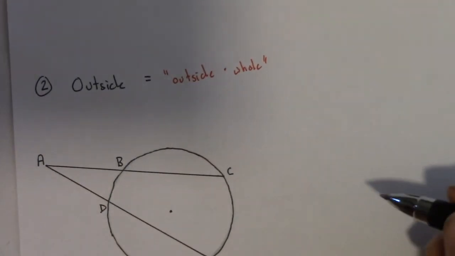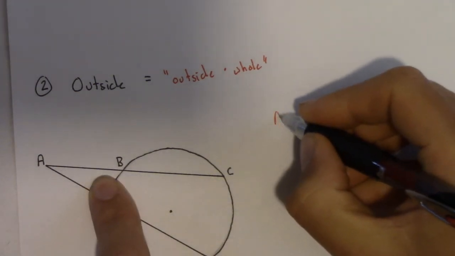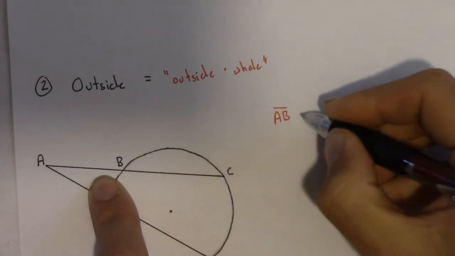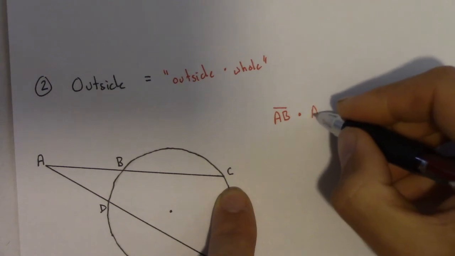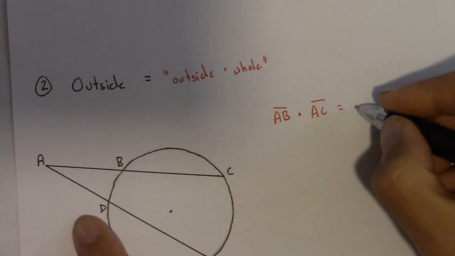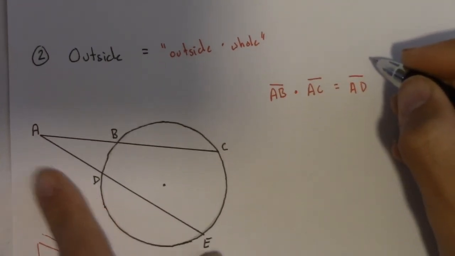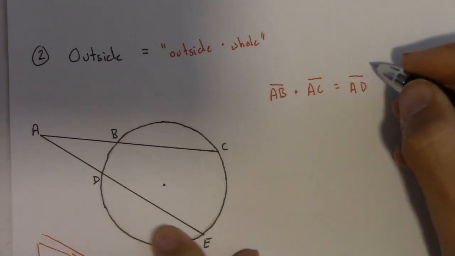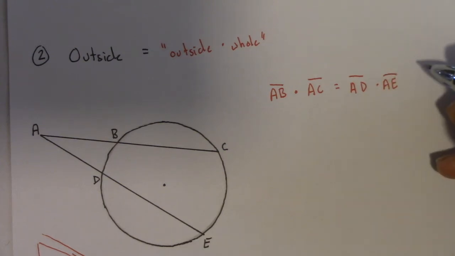So, in this case, if I were to set it up, I would have outside AB times the whole AC must be equal to outside AD times the whole A all the way to E. Okay, so outside times whole equals outside times whole.